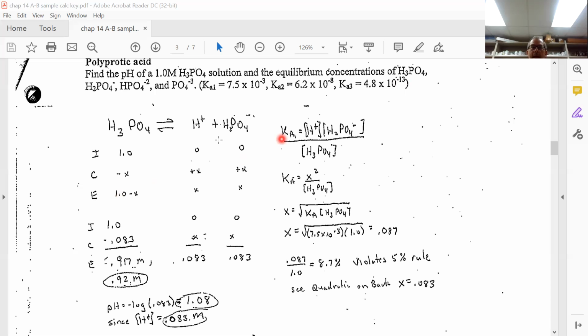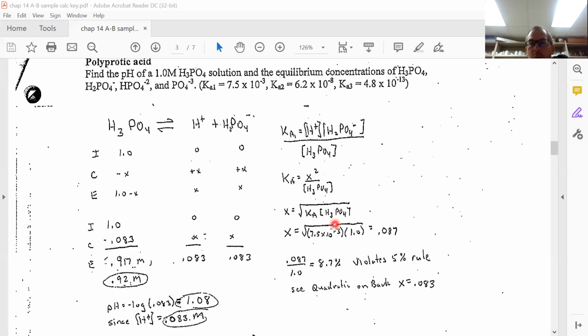Ka1 equals the H plus times H2PO4 minus over H3PO4. You can solve and say Ka times H3PO4 equals X squared, or X equals the square root of the Ka times the concentration of the acid, like we've talked about with monoprotic acids.